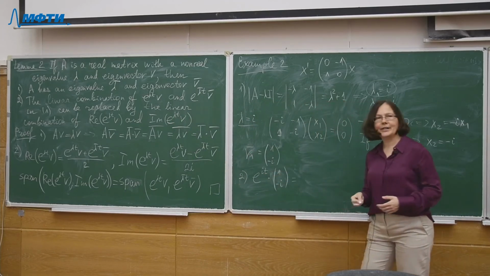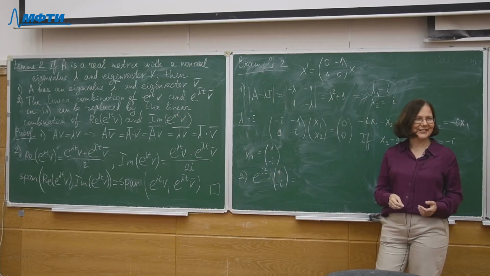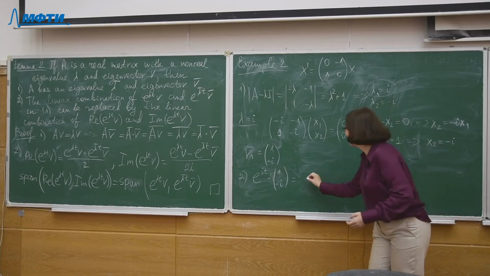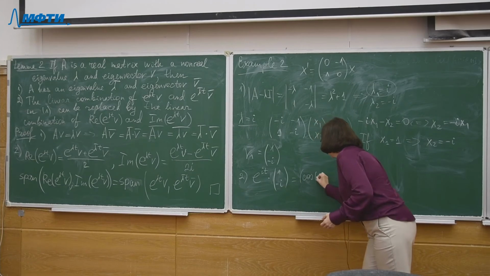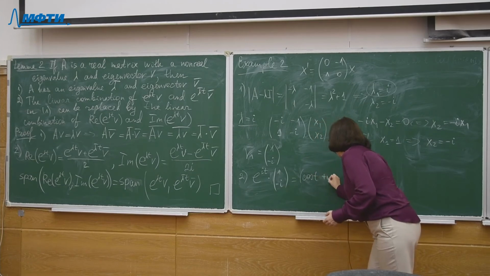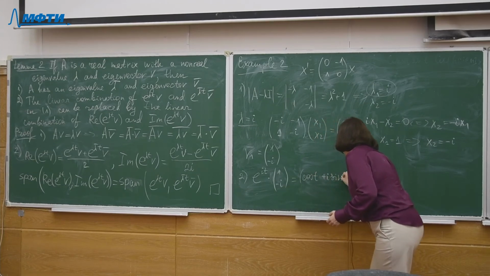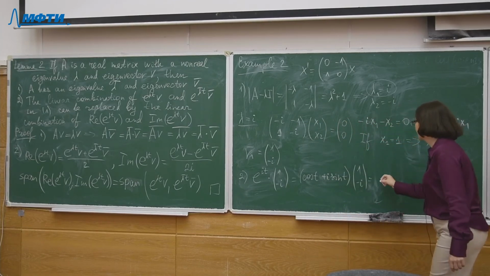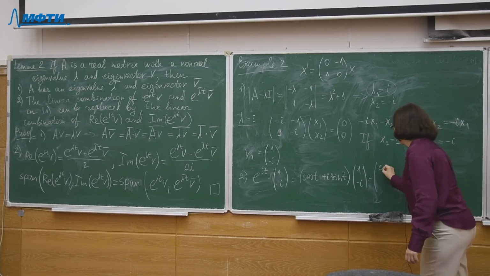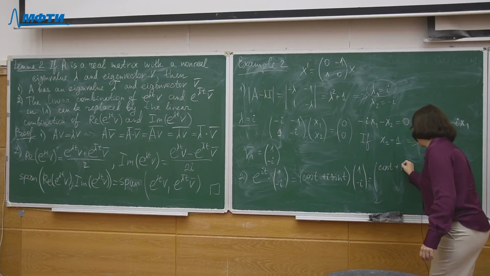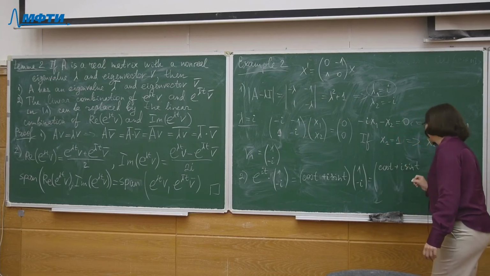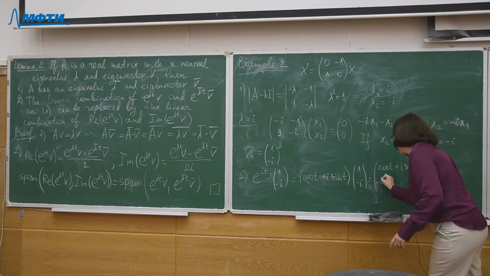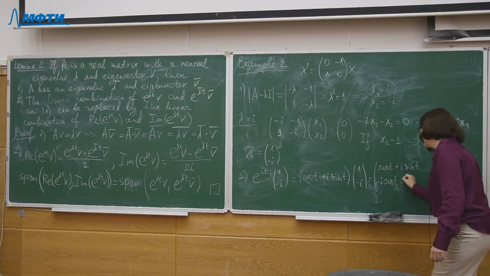e to the power it, what is it? Euler formula: cos t plus i sin t. Times (1, negative i) equals (cos t plus i sin t, minus i cos t plus sin t).